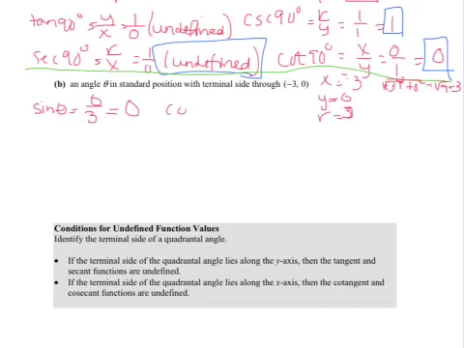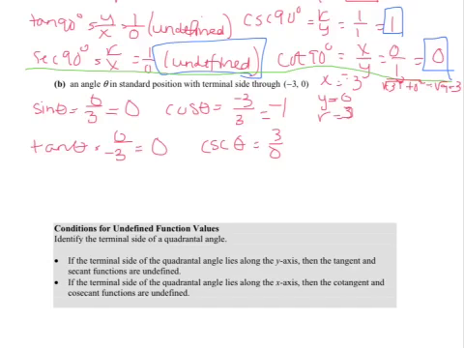So when I have cosine of theta, it's going to be negative 3 over 3, which is going to give me a negative 1. Tangent of theta is going to be 0 over negative 3, so tangent of theta equals 0. Cosecant of theta is 3 over 0. We know again we cannot have 0 as a denominator, so that one is undefined.